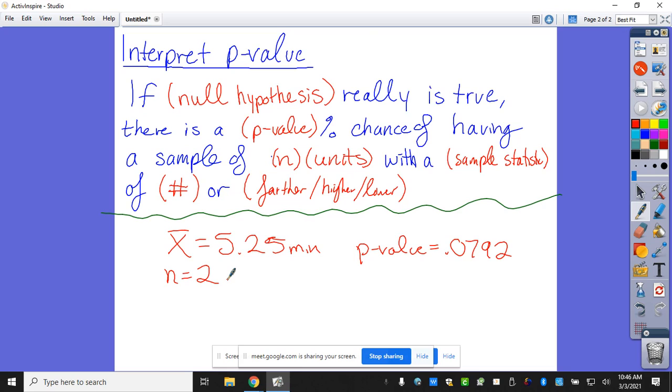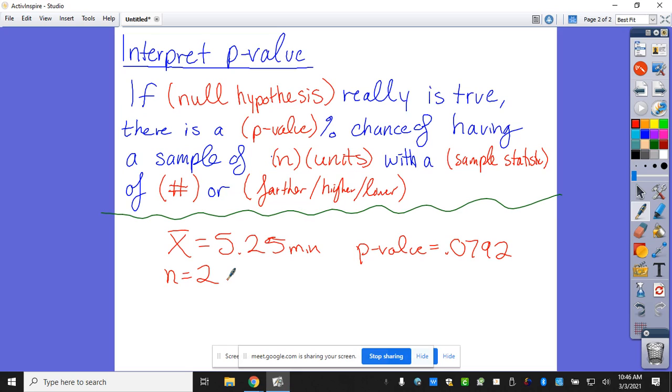Of 2, I guess, kind of say all this together. 2 what? Context. We took 2 what on Friday? 2 of his runs, 2 of his mile runs.